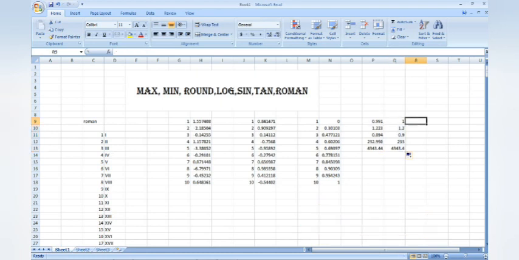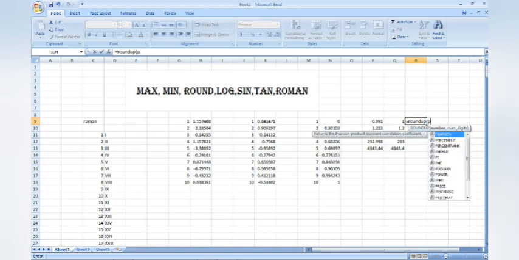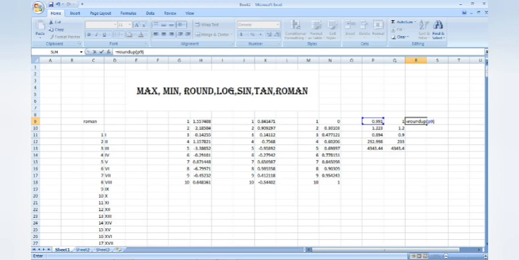So let's consider the next formula, the ROUNDUP. Round a number up, away from 0. So P9, the number of places we want to round up to, let's say 1.